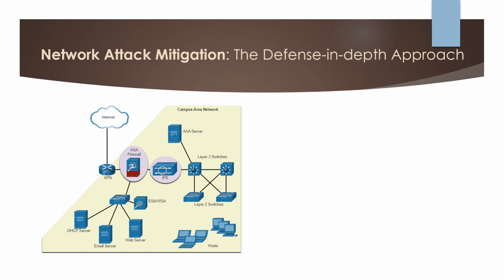Most organizations employ a defense-in-depth approach, also known as a layered approach, to secure their network. This requires a combination of networking devices and services working in tandem. Let's consider the figure of this network. There are several security devices and services that have been implemented to protect its users and assets against TCP/IP threats.